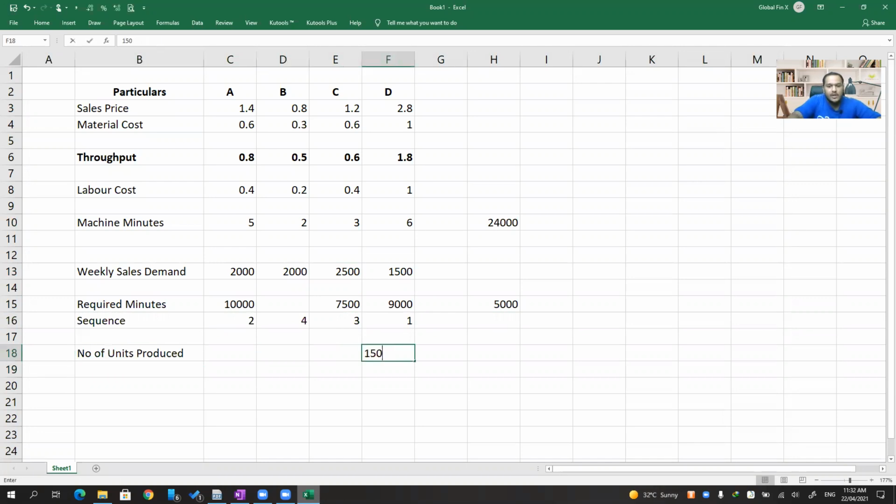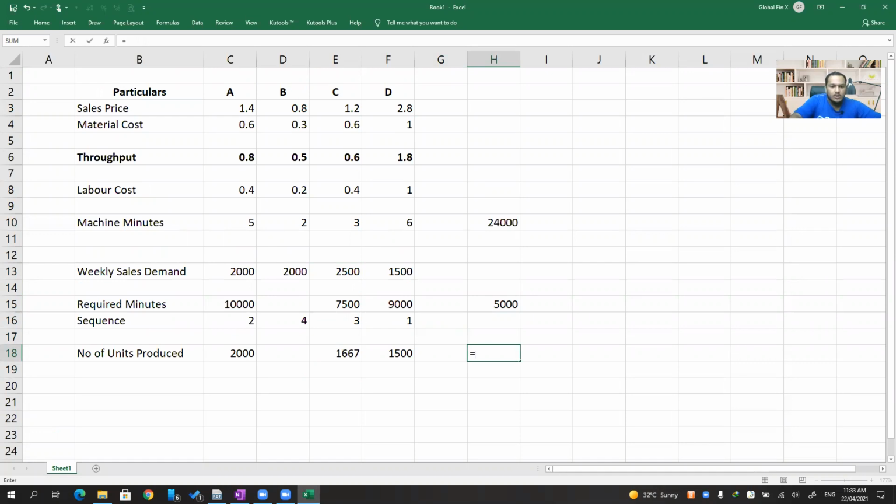So I can produce 1500 units of D, 2,000 units of A, but C I cannot produce 2,500 units because I'll need 7,500. I have only 5,000. So I can produce 5,000 divided by 3 minutes, I can only produce 1667 units. Correct? I'll go with 1667.